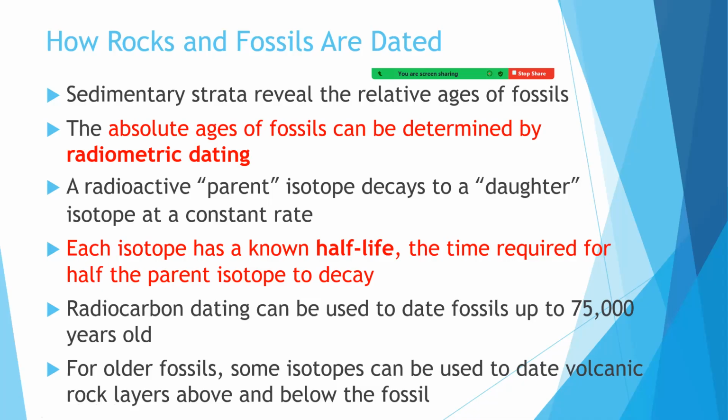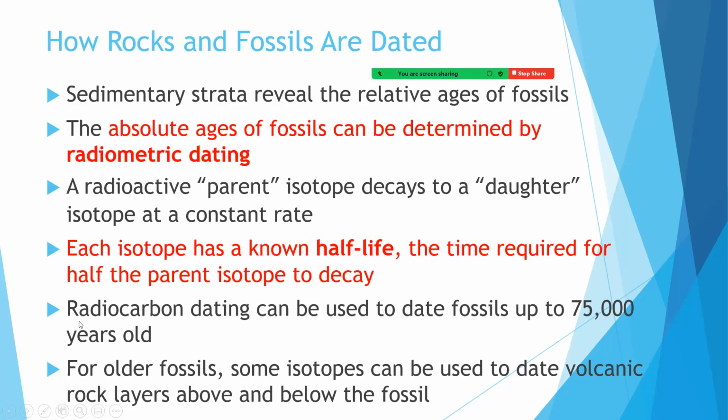Those parent isotopes decay to daughter isotopes at a very specific and constant rate. We're able to measure the amount of parent isotope to daughter isotope that's found within the fossil or the rock itself around the fossil. This gives us a particular half-life number, and half-life is the time required for half of the parent isotope to decay.